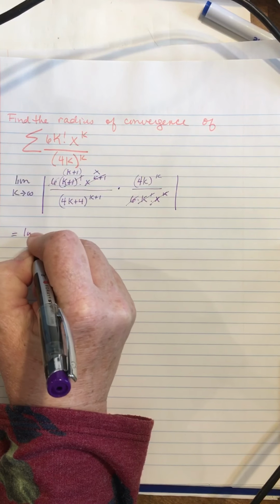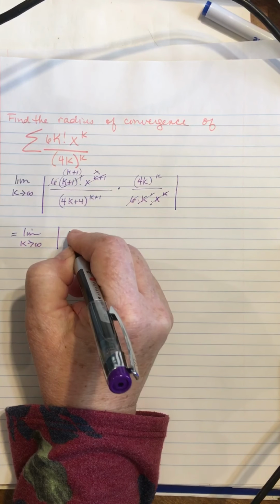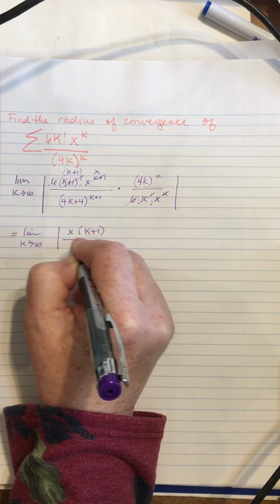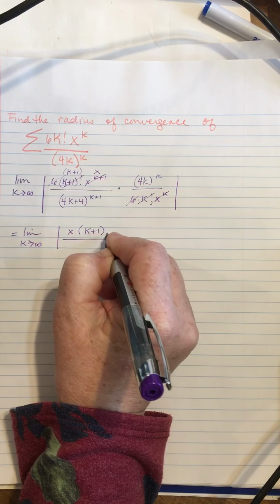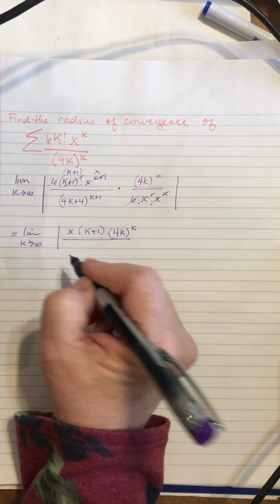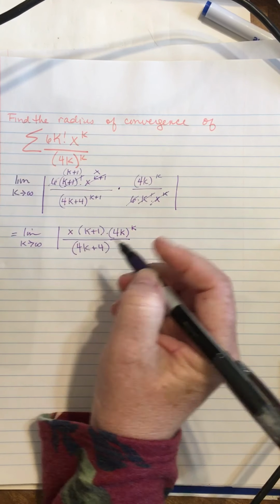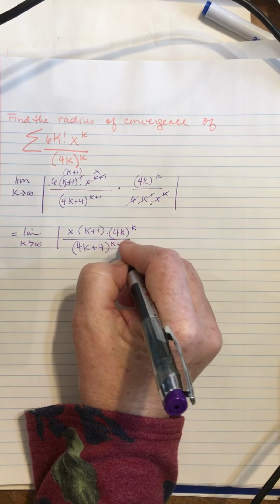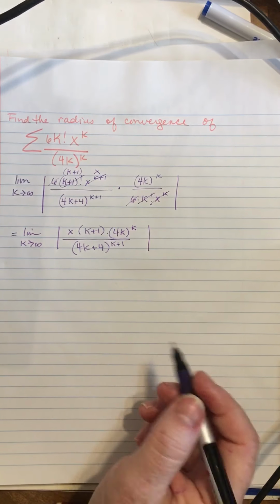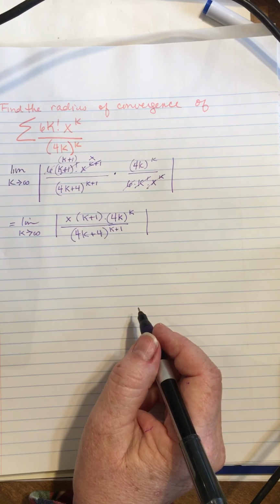That would be the limit as k approaches infinity of the absolute value of x times (k plus 1) times (4k) to the k over (4k plus 4) to the k plus 1.